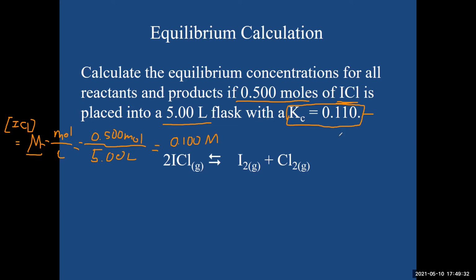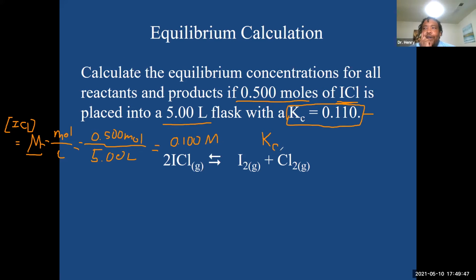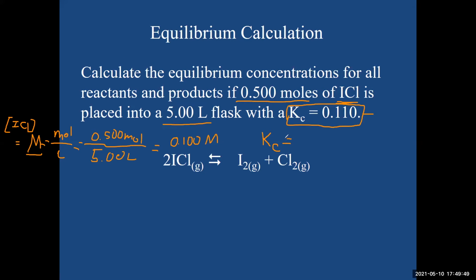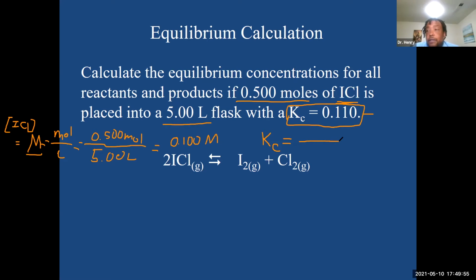I have a question, Dr. Henry. Yes, I may have an answer for you. Is Kc the ratio? Ratio of what? That's sounding good. The ratio of equilibrium. If Kc is like a ratio for equilibrium, yes, I will say definitely it is.